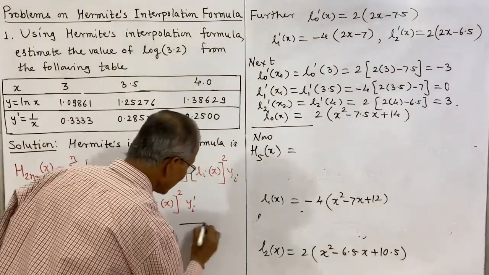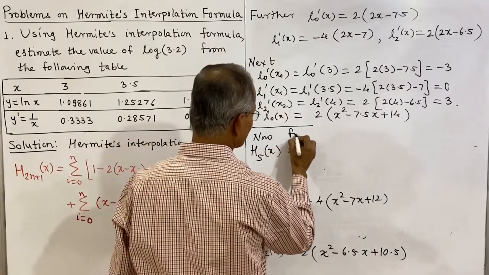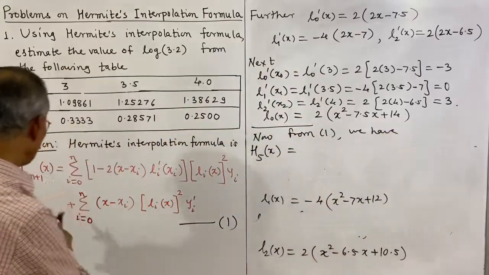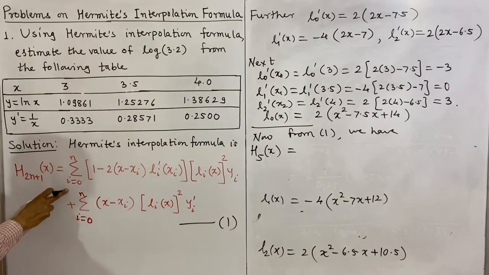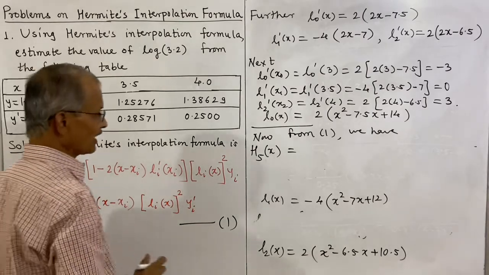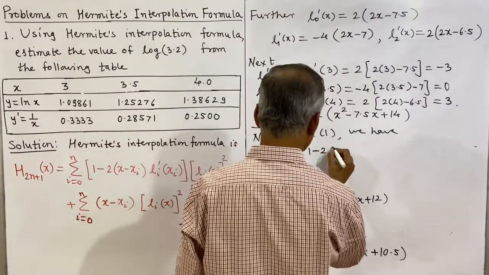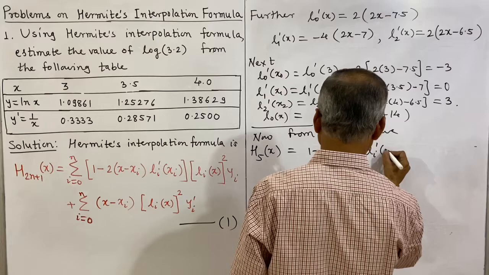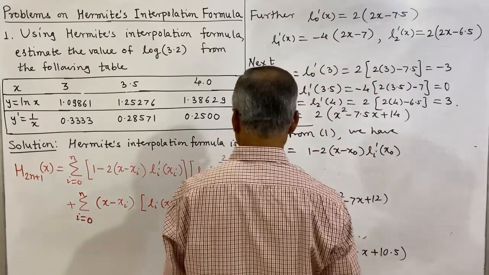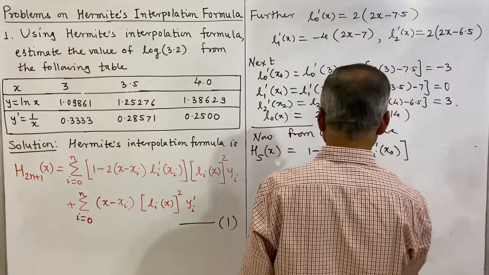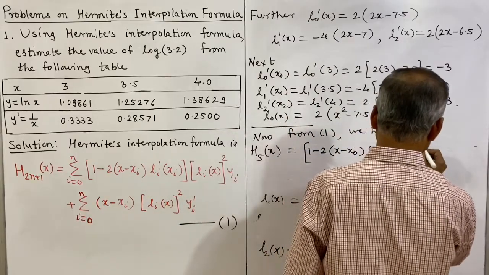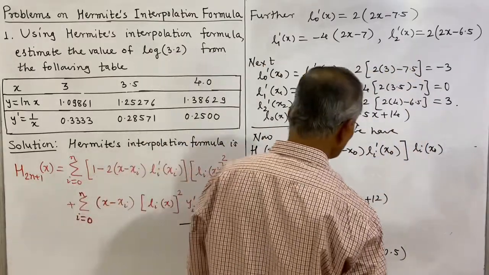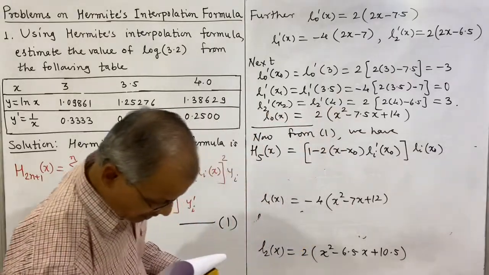So we may suppose this as 1. Now from 1 we have h5 of x. I takes values 0 to n, means first we put i equal to 0. So it is 1 minus 2 times x minus x naught, Li dash x naught, that is the first term, and in bracket Li at x is x naught, here Li is 0, so the first term is 0, that we have to write.